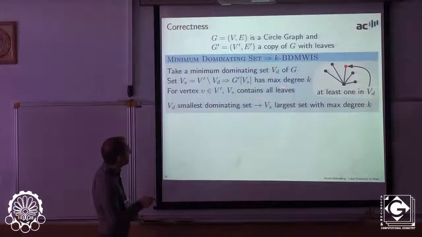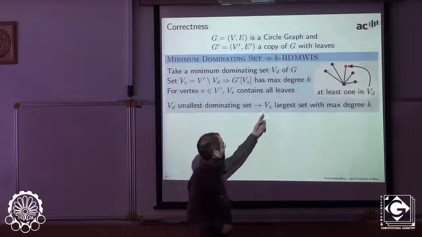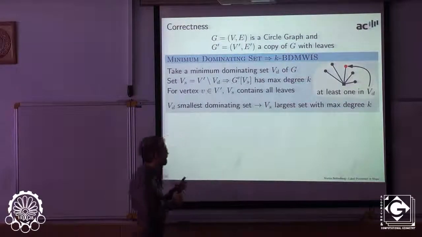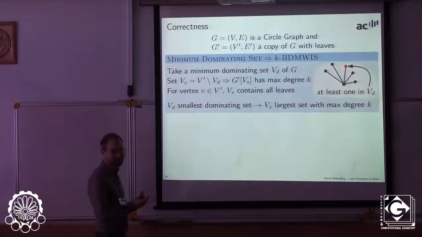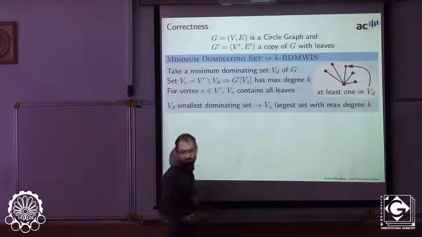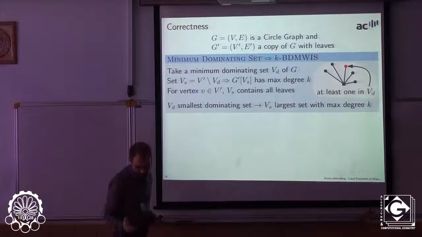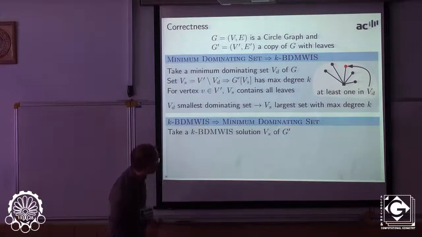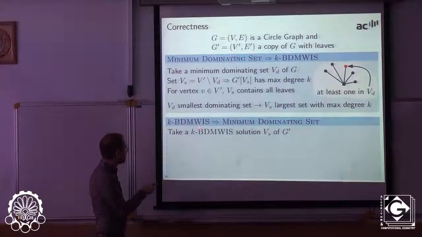So Vs certainly contains all the leaves, and if Vd was the smallest dominating set, then we know that the complement here, Vs, is actually the largest set satisfying the property that the maximum degree is K. And because we set our vertex weight to be 1, our goal is to make Vs as large as possible.